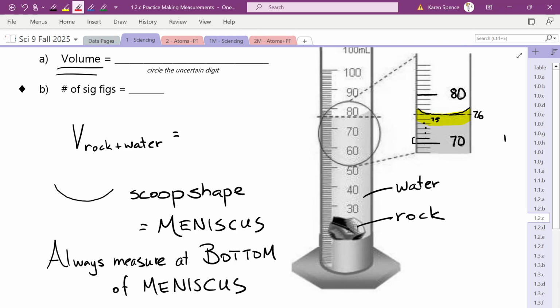So what that means is that I'm going to measure here at the red line. I'm not going to measure here at the green line. So this is a no. This is a yes. At the bottom of the scoop.